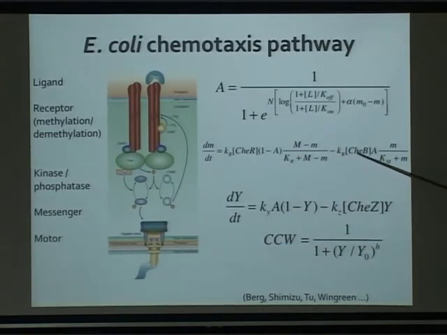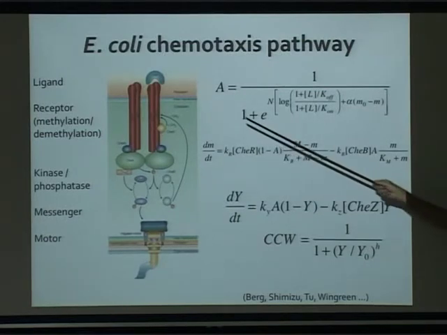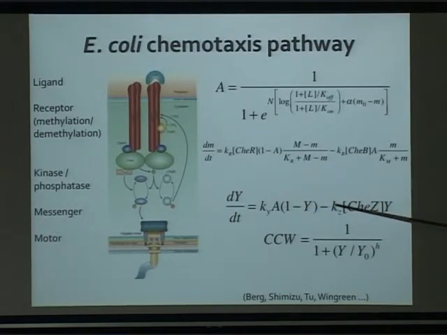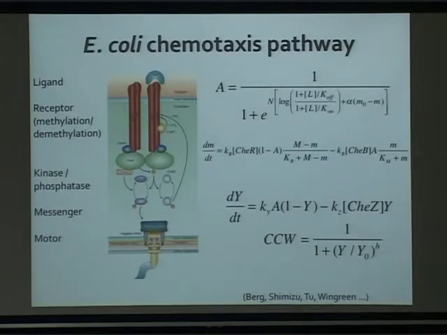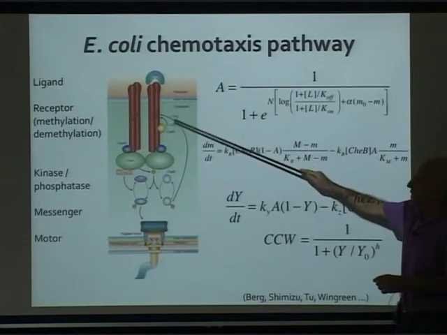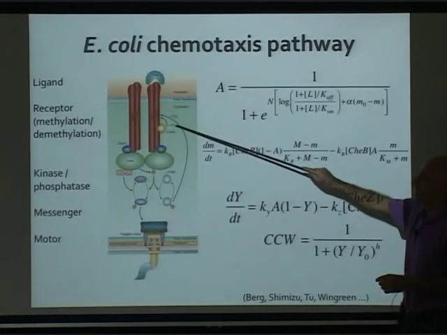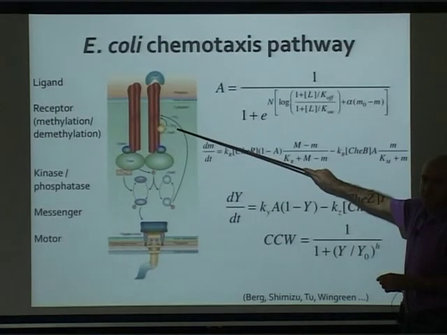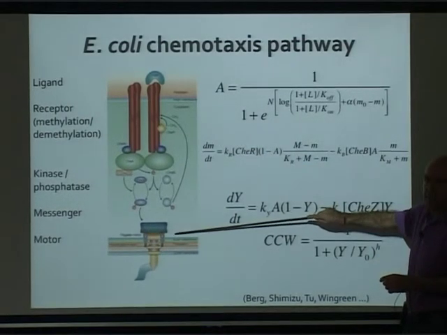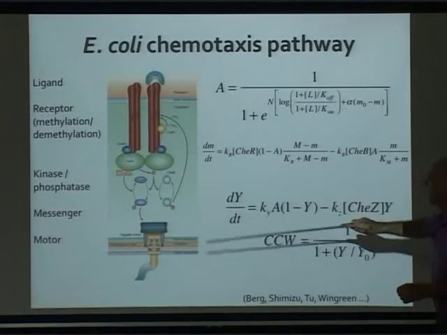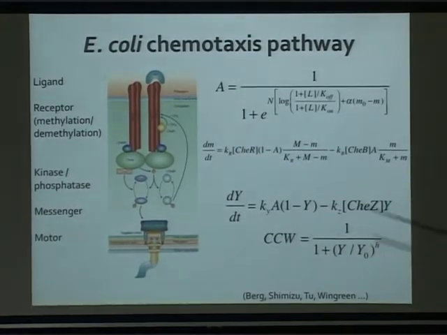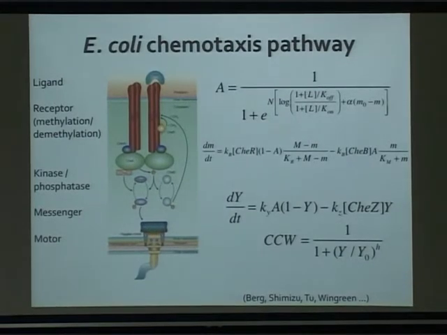This is the part that pertains to methylation, which is important to understand adaptation. And this is perhaps the most innocuous part of the equation, just how the signal is relayed from receptors to the motor. But three important things happen here and here: amplification of the signal here and here, and adaptation here, by a different mechanism, which are very important.